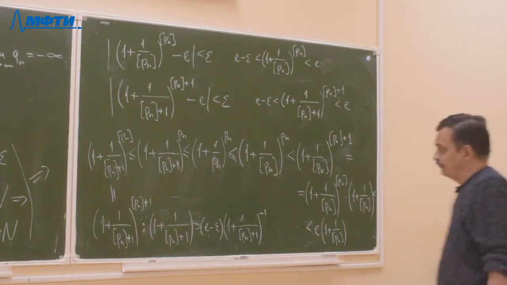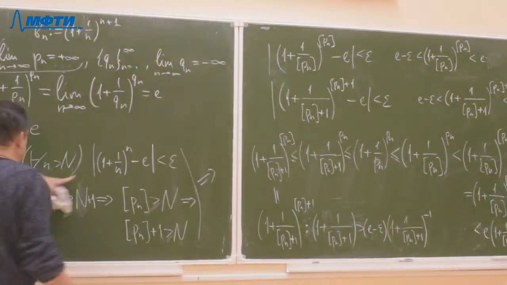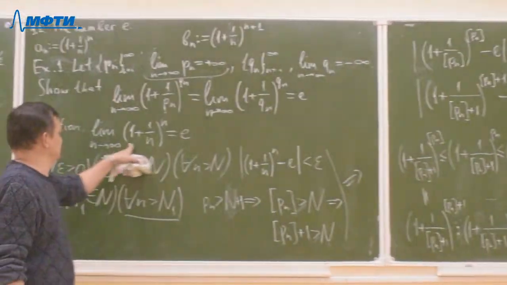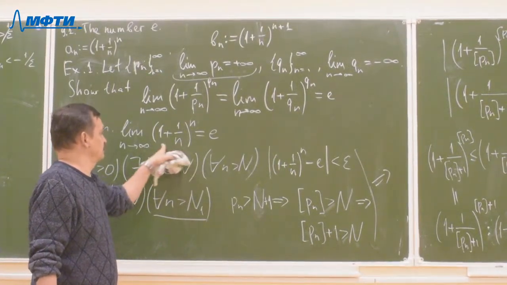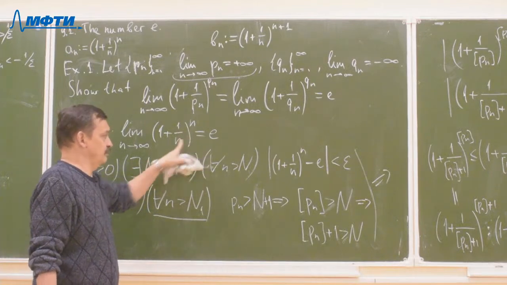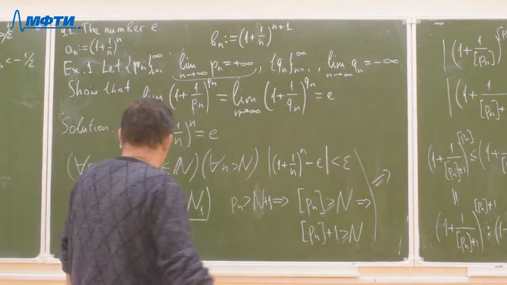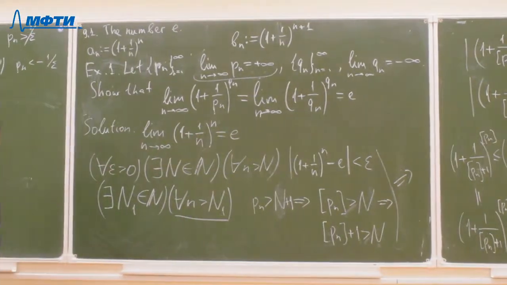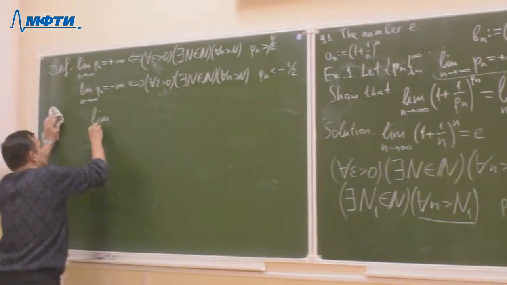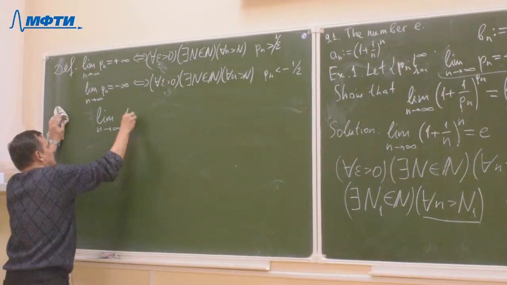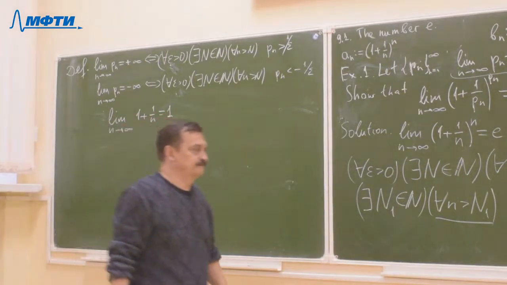Now, look, analogously, so I used the definition of the limit of the sequence 1 plus 1 over n to the power n. Now let us use analogously the definition of another limit: as n goes to infinity, 1 plus 1 over n equals 1, as we know, right?